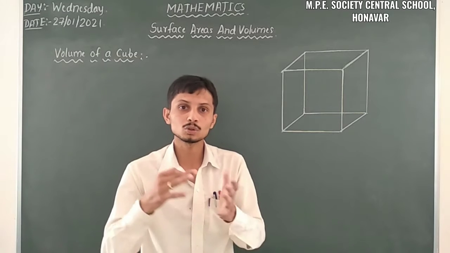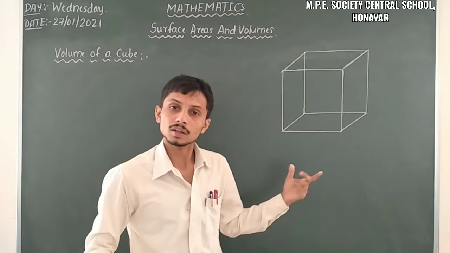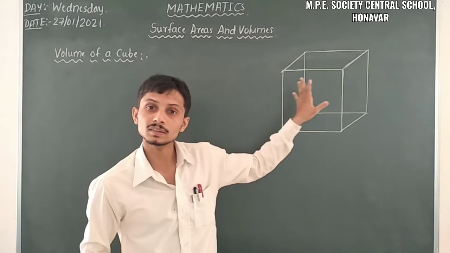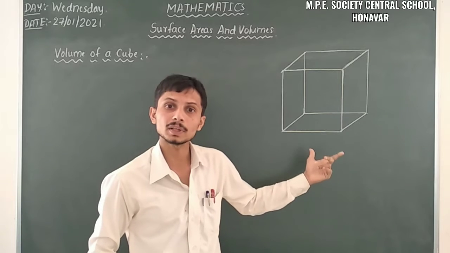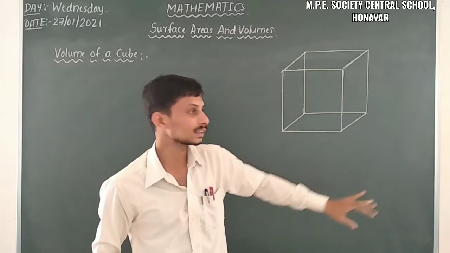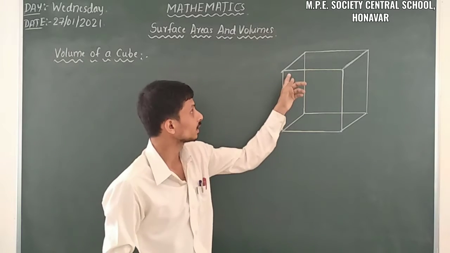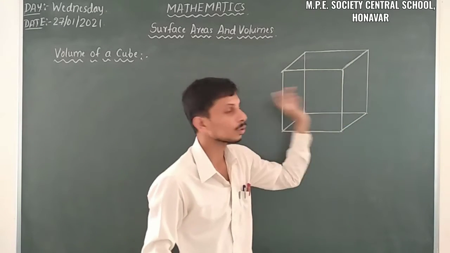That is, when L is equal to B is equal to H is equal to A. Here all the faces and sides of a cube are the same, so we take that as the edge of a cube. All the edges are the same. Just observe: 1, 2, 3, 4, 4 edges are there; here 1, 2, 3, 4, 4 edges; and here 1, 2, 3, 4, 4 edges.